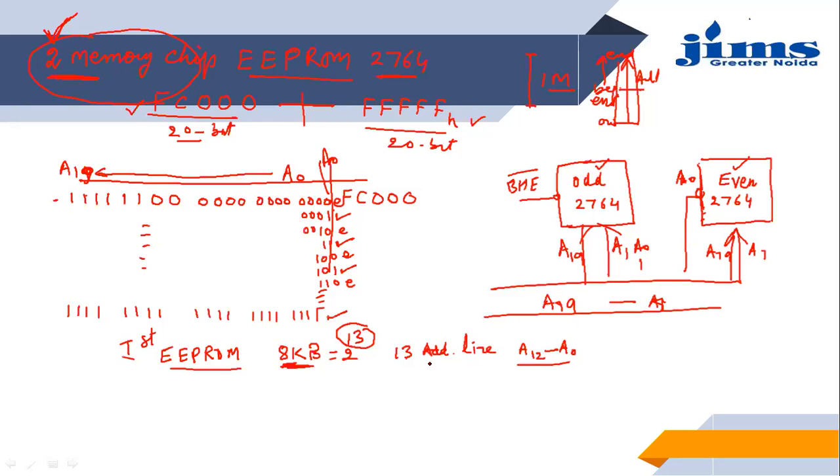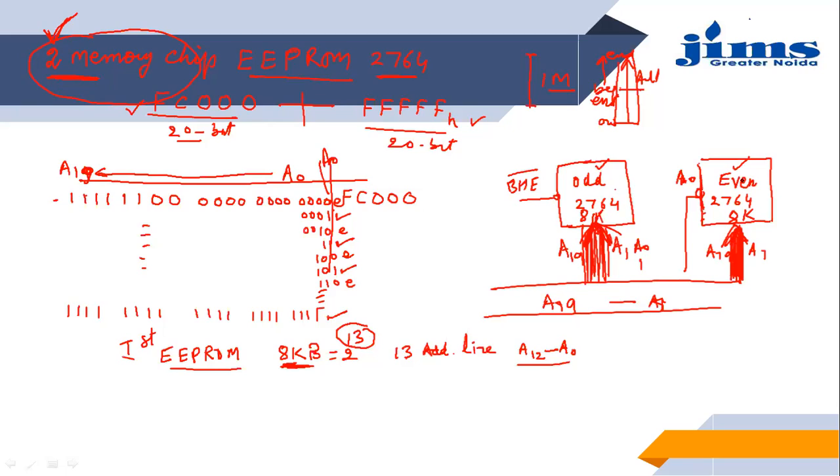Right? So you require 13 address lines because the size of this is 8 kilobyte. You require 13 address lines to interface the second memory as well, which is again 8 kilobytes.